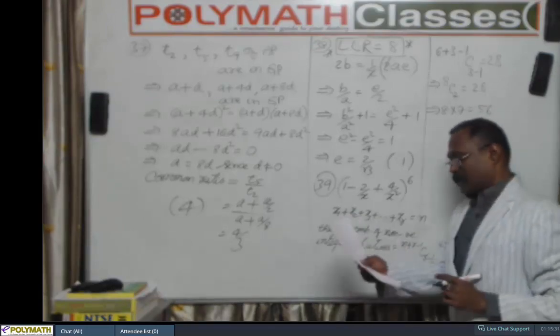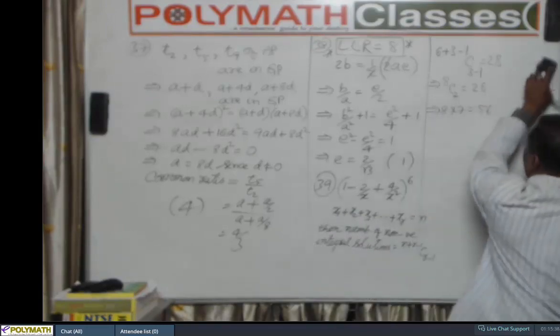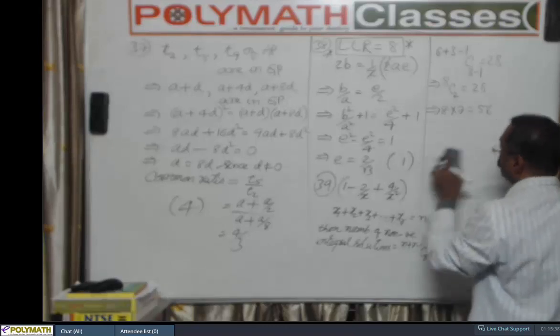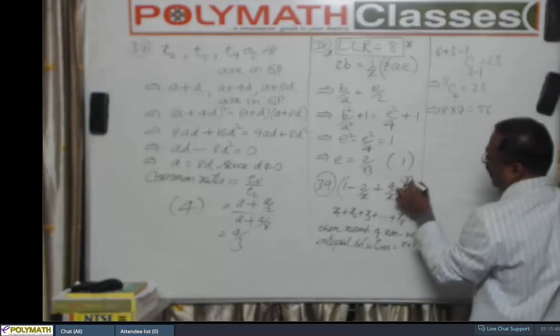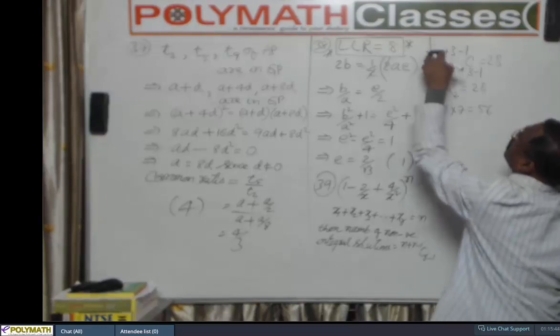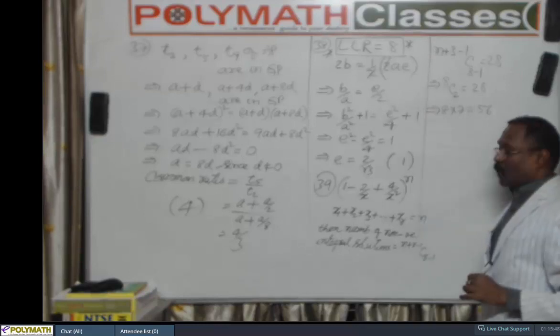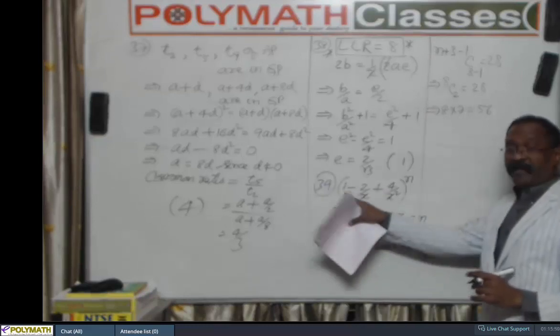I wrote 6 directly; it is not 6, it is whole power n, because the value of n is to be found out. So it is (n + r - 1), where r is the number of terms, 3.